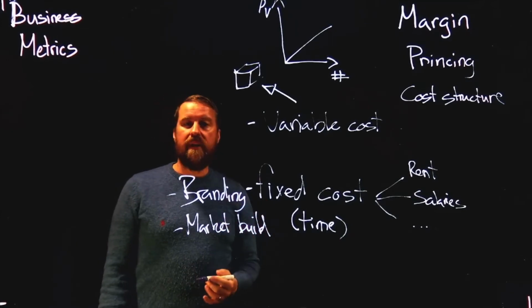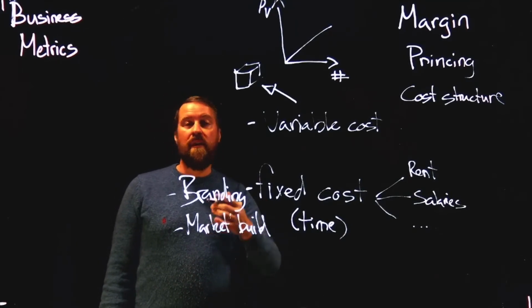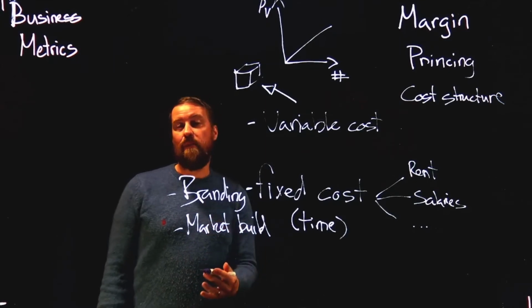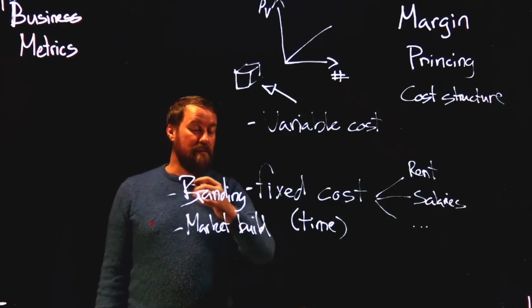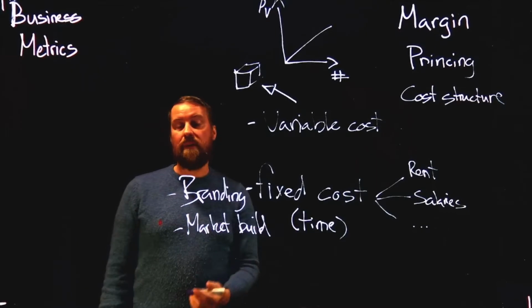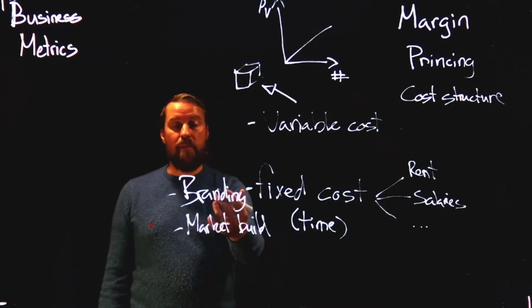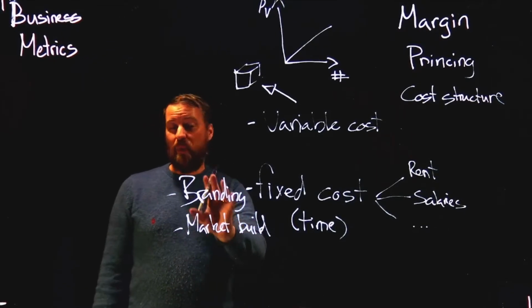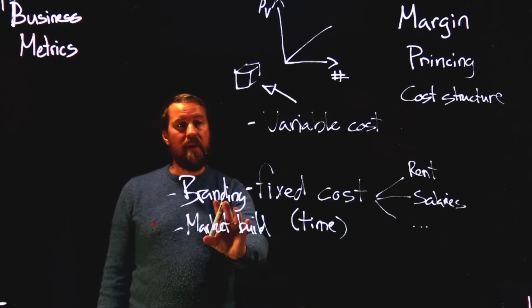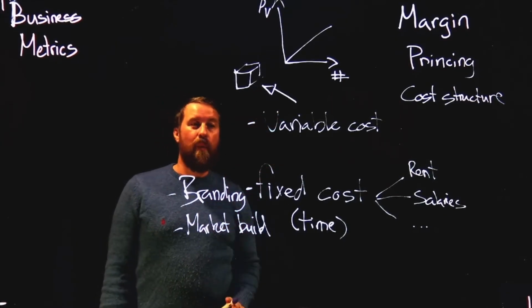A variation of that is our market build. That's the cost for our salespeople in the new market, who are building up the market, building recognition, building branding. Those we will have to pay to build the market even before we get it.